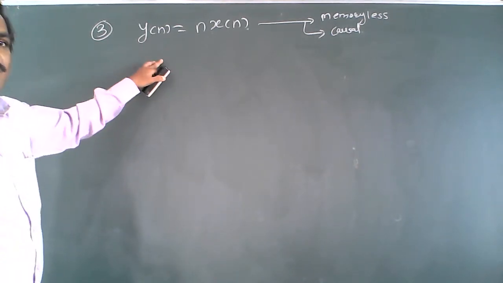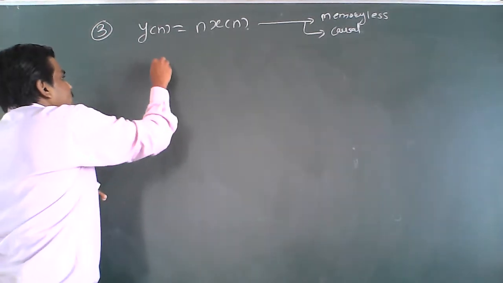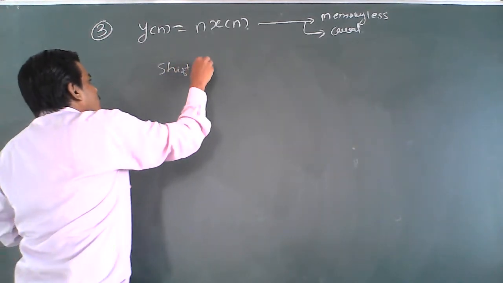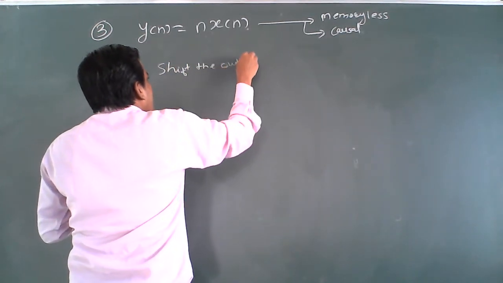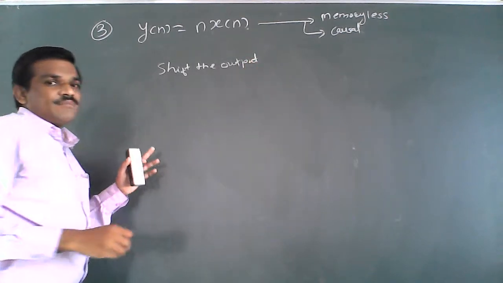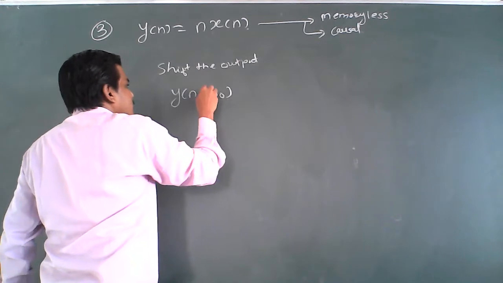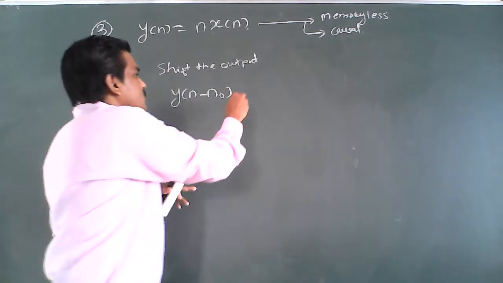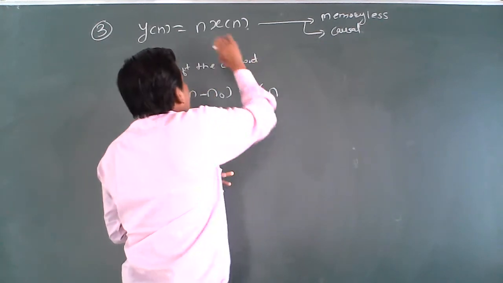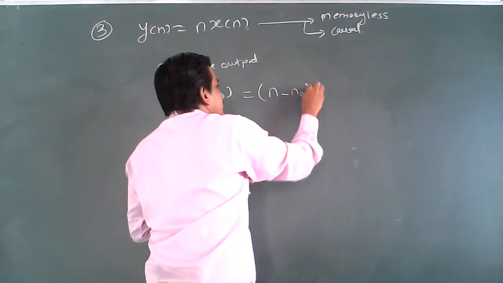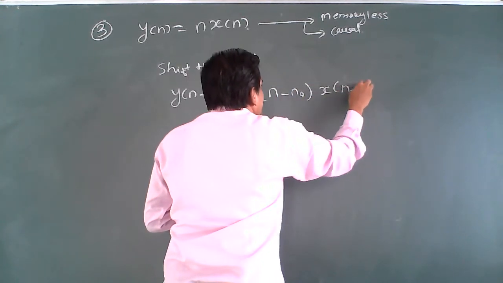So let us go one by one. We will shift the output. So I will write it as y of n minus n0, which is equal to: whatever n are there will be shifted, so n minus n0 times x of n minus n0.